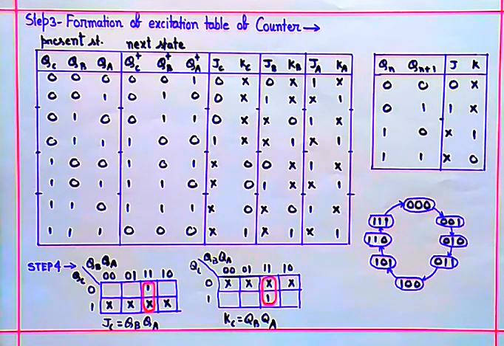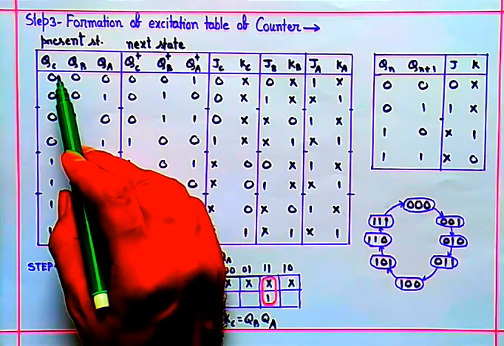And to find out those values of JC, KC, you have to take help of the K-map. So first draw a K-map like this and put the variables QC, QB, QA. That means the same order as in the excitation table.